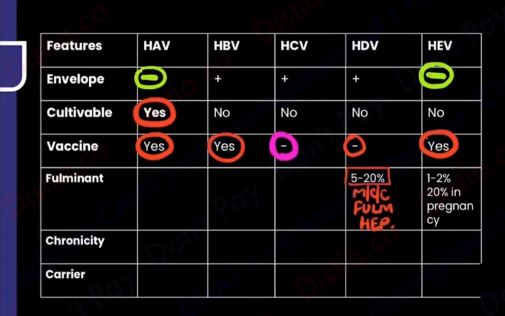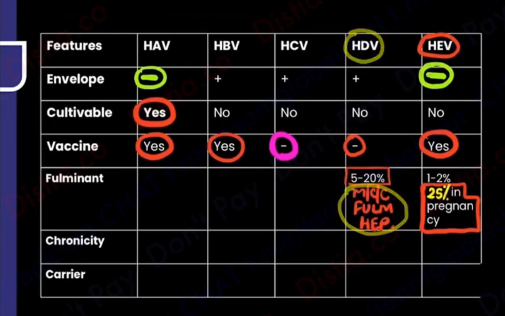However, if they change the question to the most common cause of fulminant hepatitis in pregnant ladies, that is going to be hepatitis E. In pregnancy, 20% is written. If I tell you something which is not there in textbooks, but has come up in journals, 25% is actually the fulminancy figure you have to know. So reach out for the question: most common cause of fulminant hepatitis, hepatitis D. But the most common cause of fulminant hepatitis in pregnant women is going to be hepatitis E.